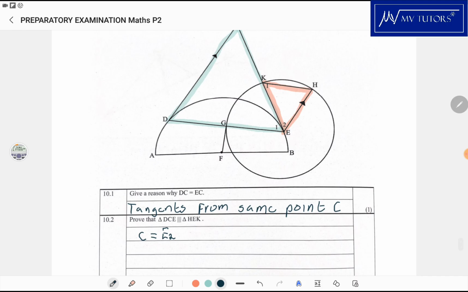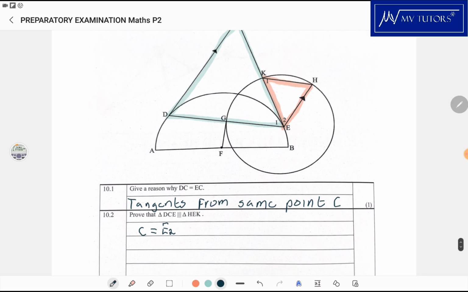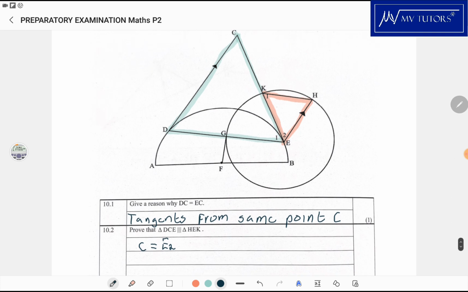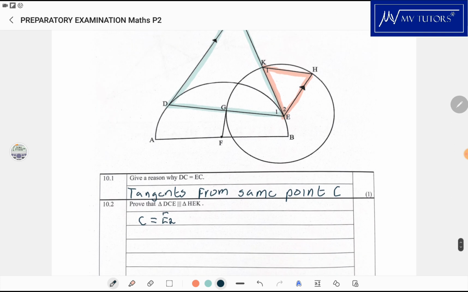And from there we can see that actually E1 plus D plus C is equal to 180 because of angles in a triangle. Let me write that down.